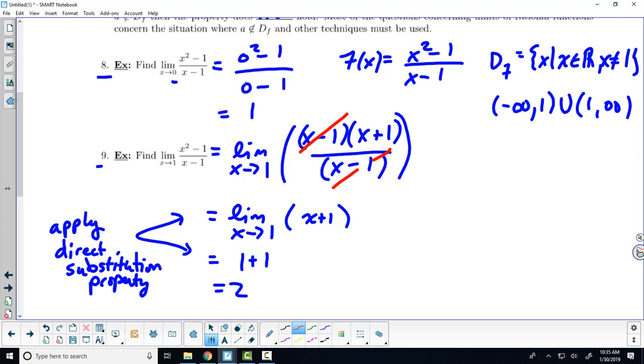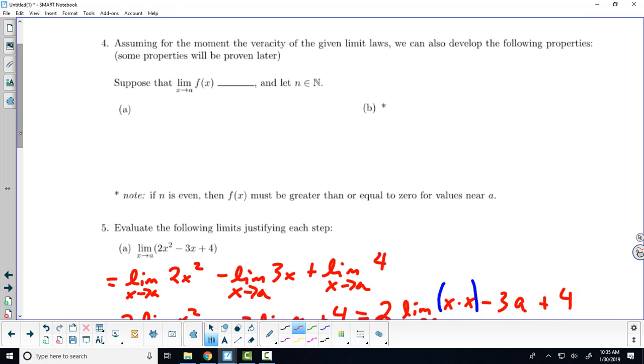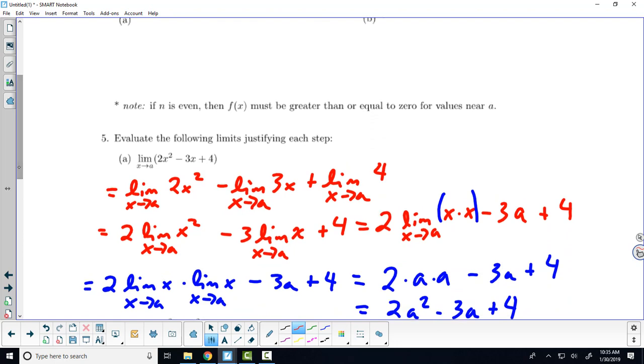Okay, we're going to come back to these, but we missed a couple properties, so let's pick up here. We saw in this example that we were able to evaluate this product function. It was x times x. The net result was we essentially just got the limit value squared.